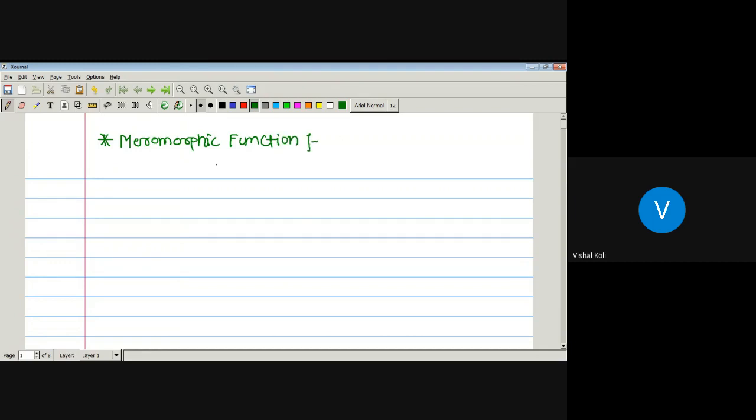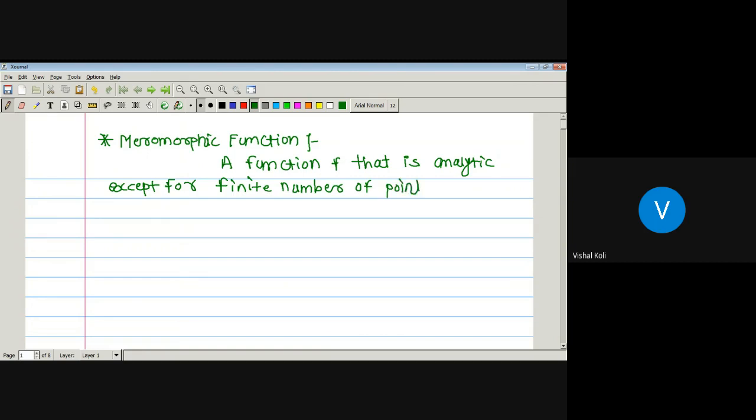A function small f that is analytic except for a finite number of points is called a meromorphic function.